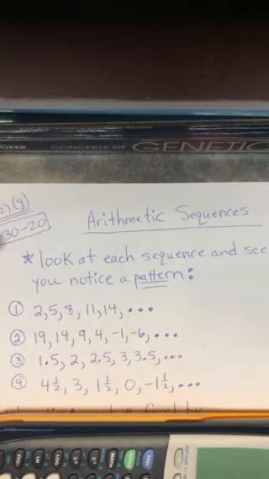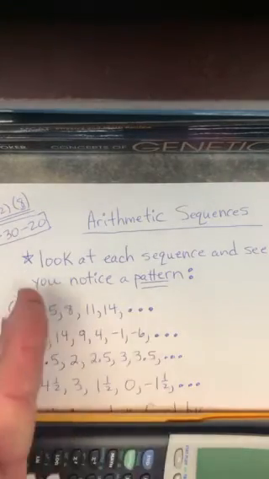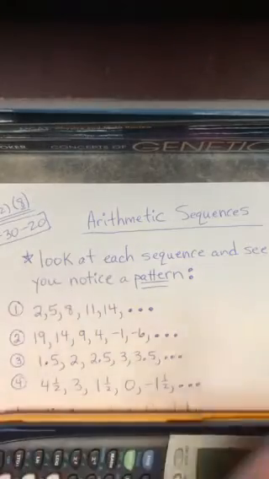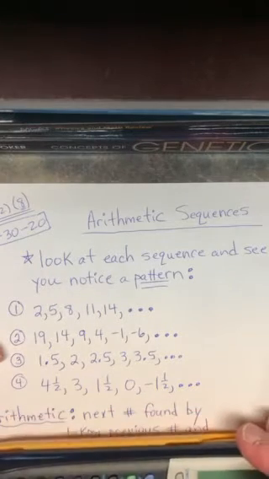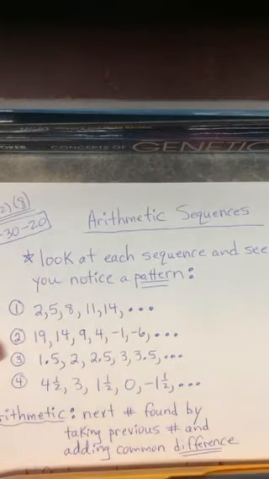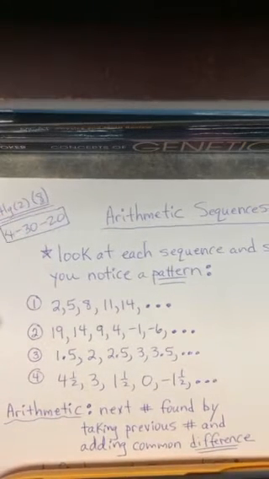So guys, anytime the next number in a sequence is found by adding some number each time to the previous number, that's what we mean by an arithmetic sequence. So, go ahead and put the word arithmetic on your paper.